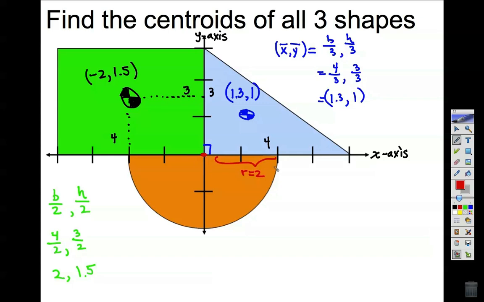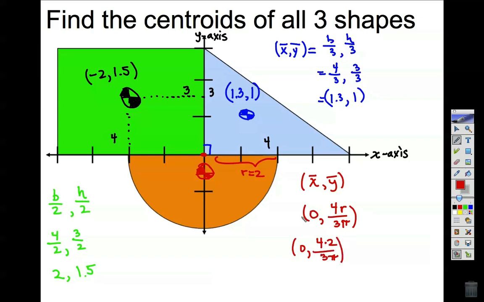This center is located directly at 0, so I'm going to start off with 0 for my center in the x-axis, because the overall is right here, 4 times the radius divided by 3 pi. So I need to substitute in numbers. 4 times 2 divided by 3 pi.